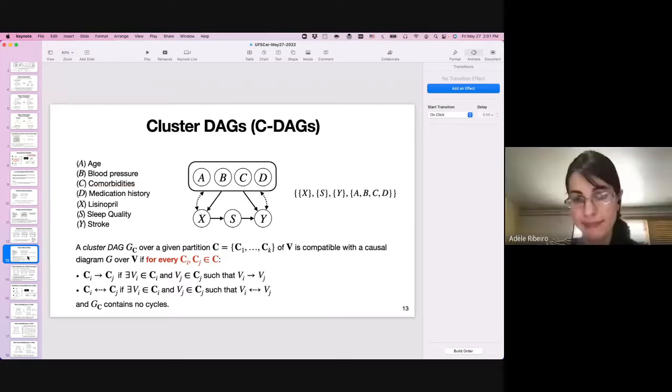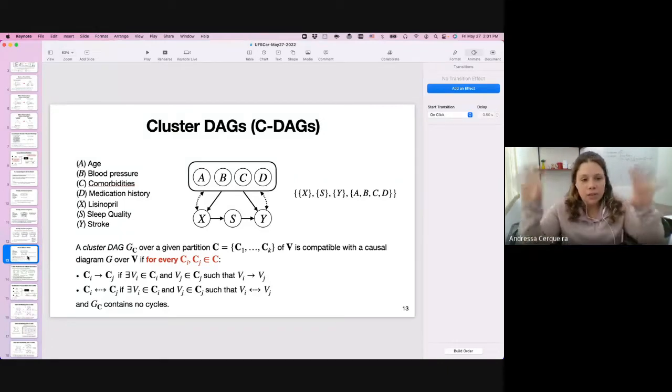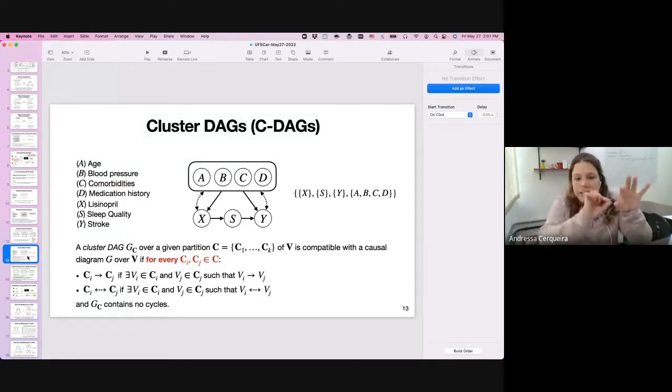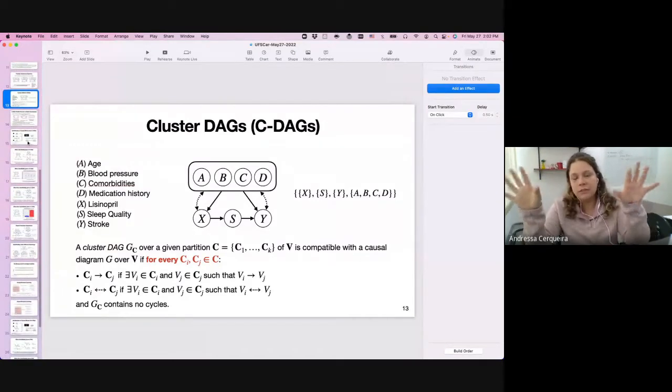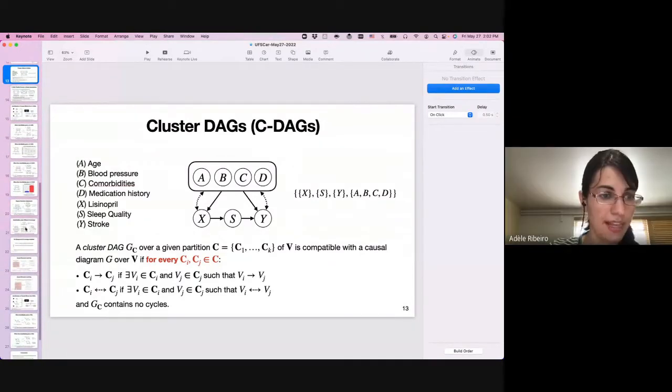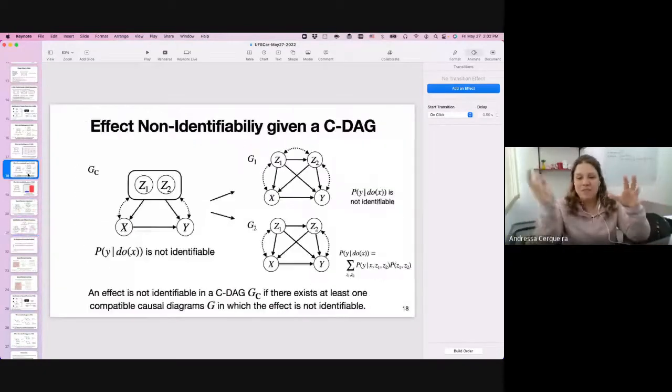So the variables that we don't know the edge between, we put together in a cluster. So I was wondering, if we have two clusters, I need to have at least one edge that connects these two clusters. Is this right? Otherwise, I should put all the variables together.